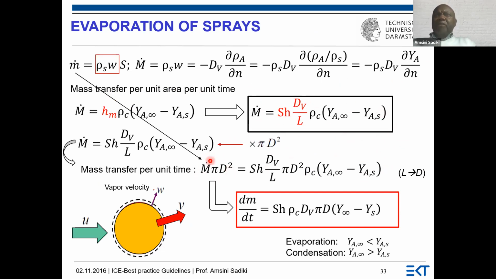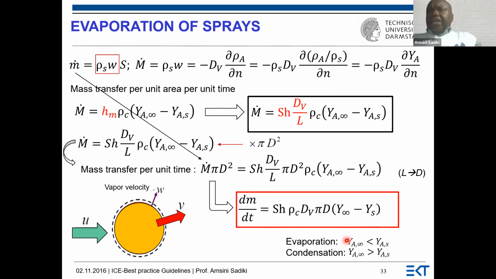If we multiply by the interface surface, then we have the mass transfer per unit of time, the mass per unit of area and time. This variation is the evaporation rate, which is obtained in this way. Having this quantity very far from the interface and this mass fraction at the interface, we have this difference.